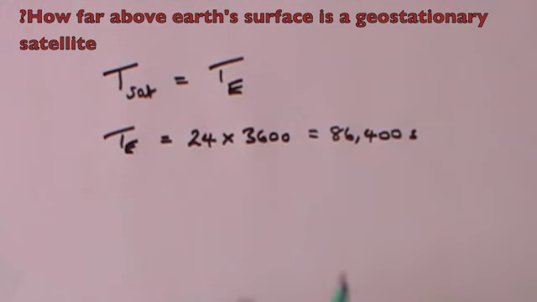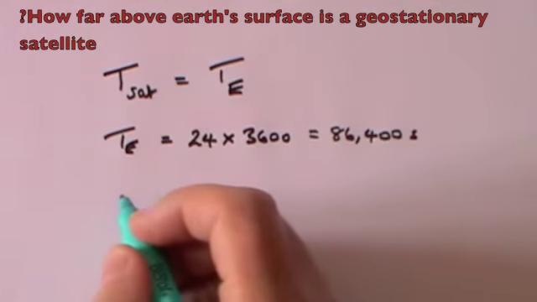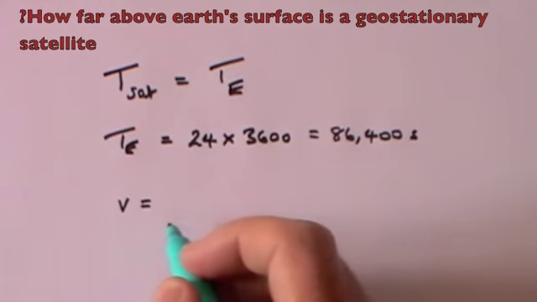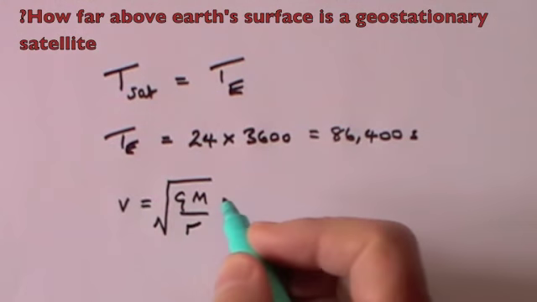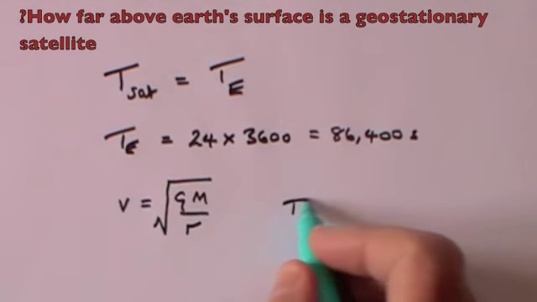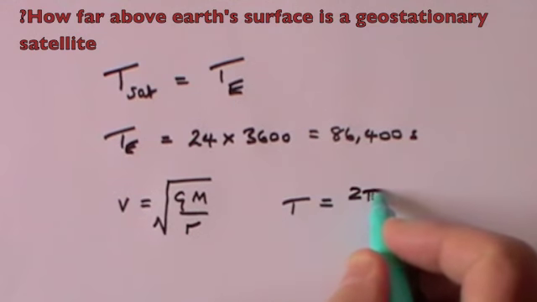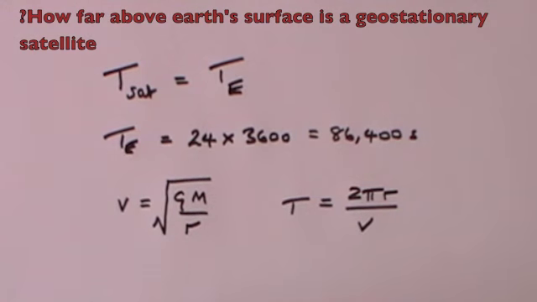Now you may recall from question 3 that we derived that the velocity of a satellite would be the square root of GM over r, and that the period of rotation would be 2 pi r divided by v.